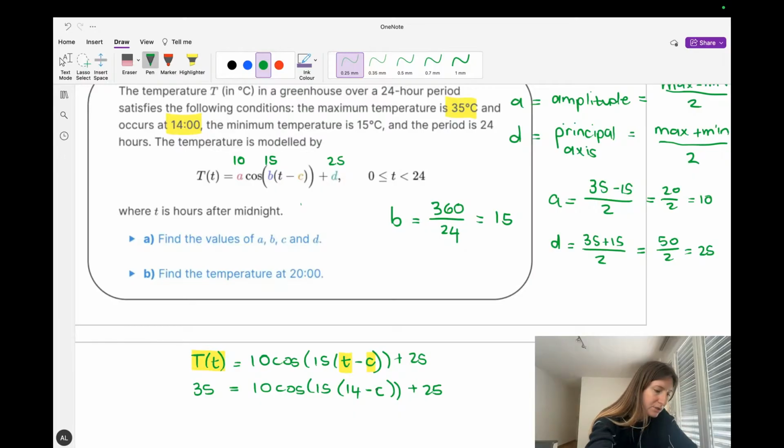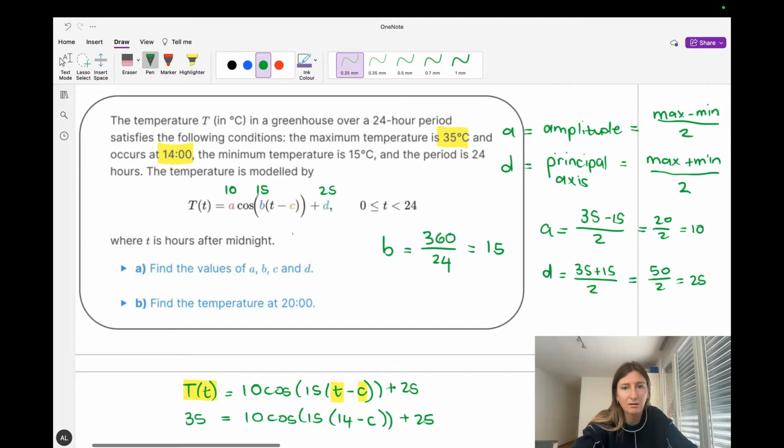How many marks are questions like these usually worth in AISL? We'll do some of them, but there are a lot of questions in AISL like these: finding amplitude, finding principal axis, finding the period, and they range from 1 to 3 marks depending on the information that you've been given.